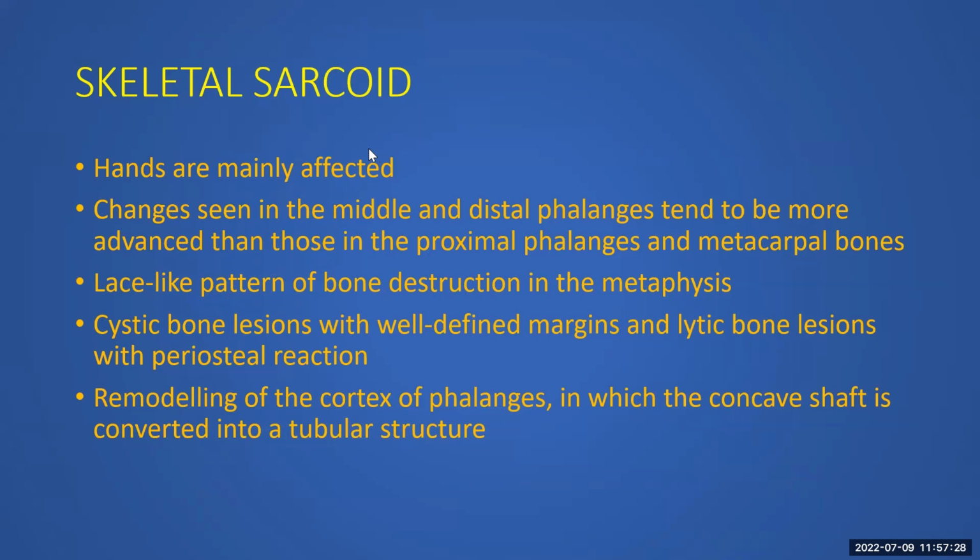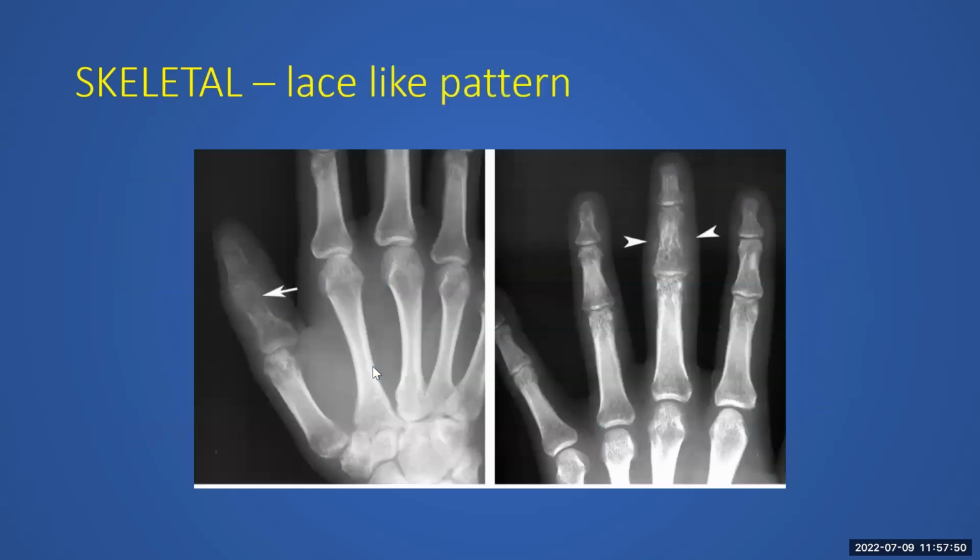You can also describe them as cystic changes with well-defined margins, or some lytic bone lesions. Periosteal reaction is not always seen, but can be seen. And there's remodeling of the cortex of the phalanges. The concave shaft of the phalanx can be changed into a tubular structure because of these changes, which I'll show you. So there you can see your lace-like pattern.